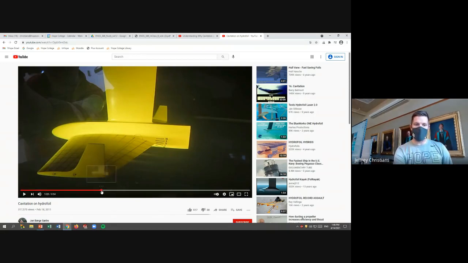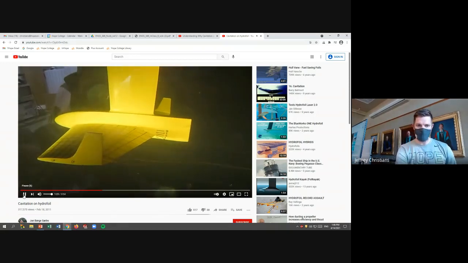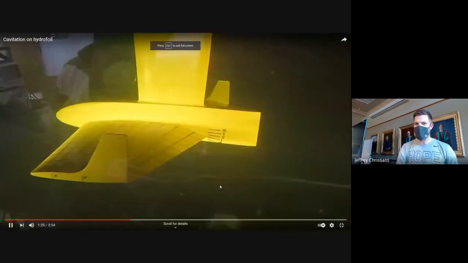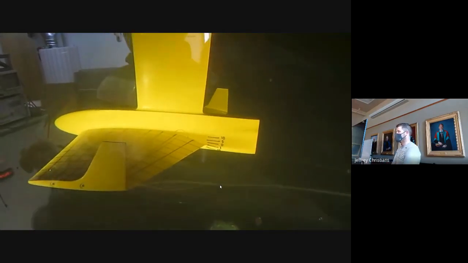So they're going to be looking at this hydrofoil. You can see the water moving pretty fast, and they're going to be slowly increasing the velocity. So as we go to higher and higher velocities, we're going to be having bigger velocity changes and therefore bigger pressure changes.